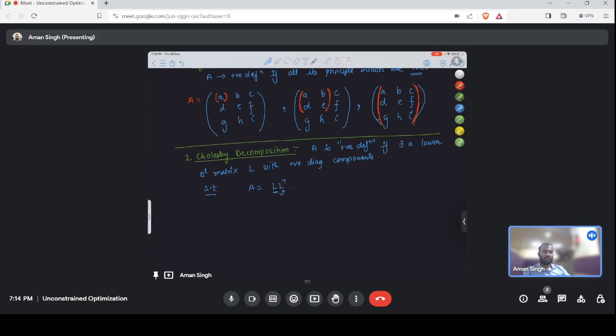And if we can find such an L with positive diagonal components, then we can say that A is positive definite. This decomposition is called Cholesky decomposition.